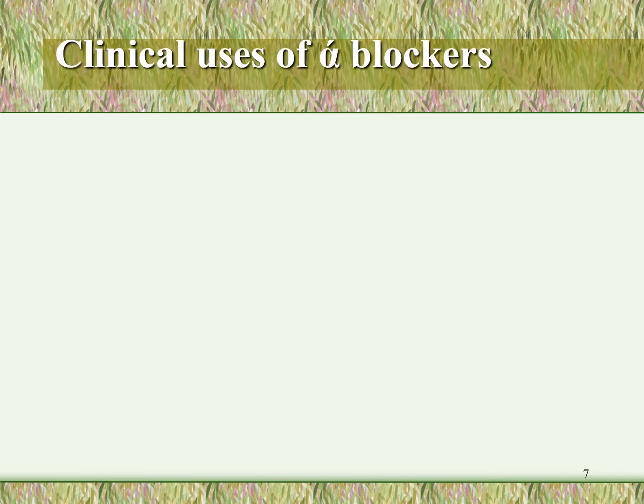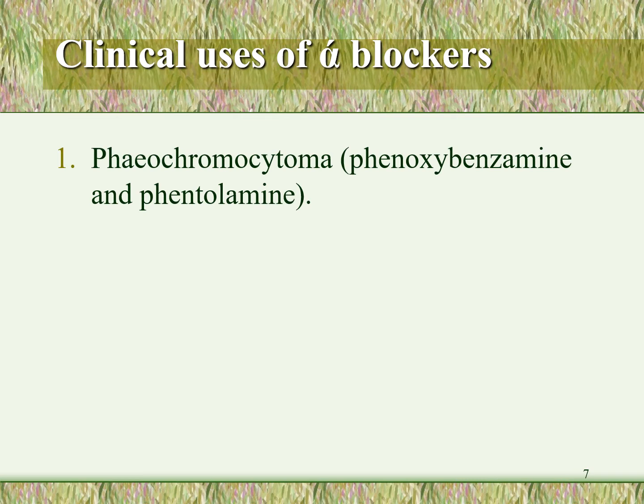The clinical uses of alpha blockers: first, pheochromocytoma. As we mentioned previously, pheochromocytoma is a tumor of the adrenal medulla, and we mentioned that alpha-methyltyrosine is the drug used for this disease, because there is excess circulating adrenaline and noradrenaline, and the patient usually suffers from hypertension, and patients with pheochromocytoma are usually diagnosed with hypertension.